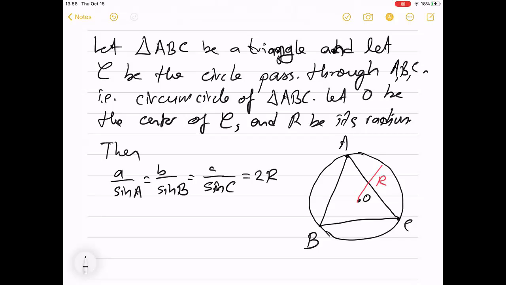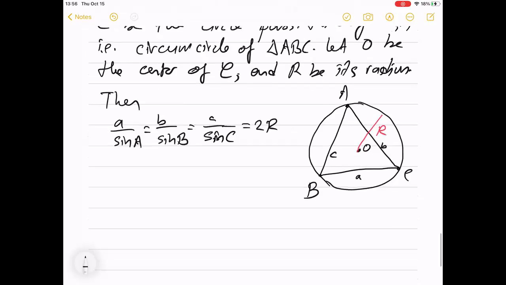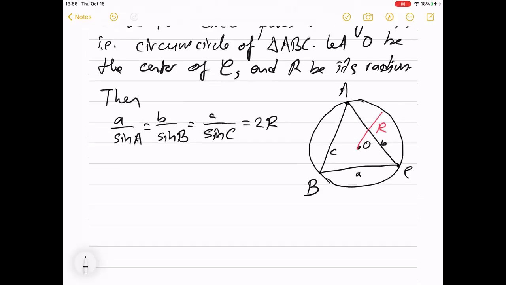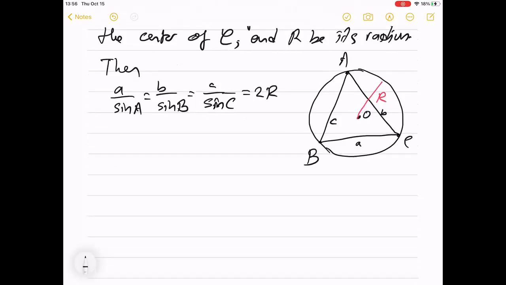So a is, of course, this side, b is that side of the triangle, and c is that side. Of course, I drew an acute triangle, but it may not be acute. So here's the proof of this statement.